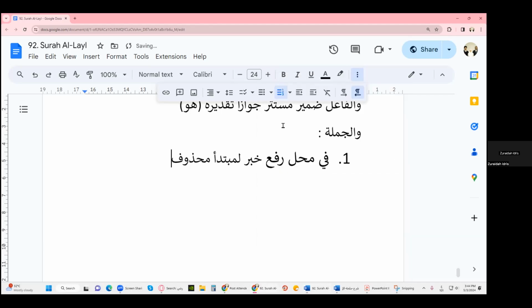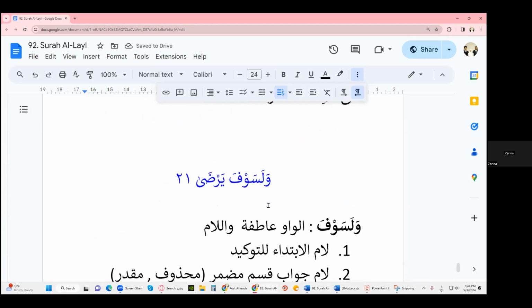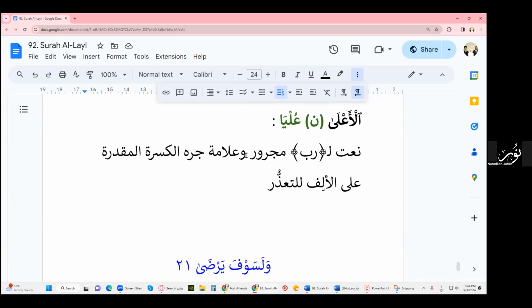Because we say this is the beginning of a sentence, right? But the huwa is not for Allah, is it? Actually, no. It's for the person who is giving the sadaqah.